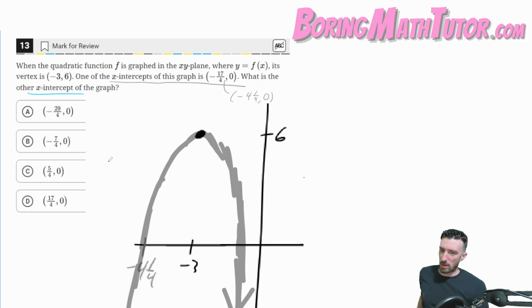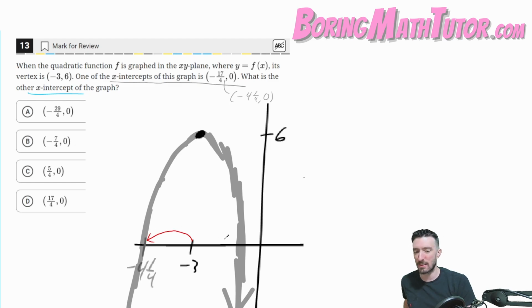Now, in order to be exact about it, it turns out it has to be the same distance that the other x-intercept is from the x-coordinate of the vertex. So there just has to be this symmetry. I'm using lots of words, but you can just focus on the picture here, and it goes over a distance of 1 1/4. So that means over here it must go over a distance of 1 1/4.